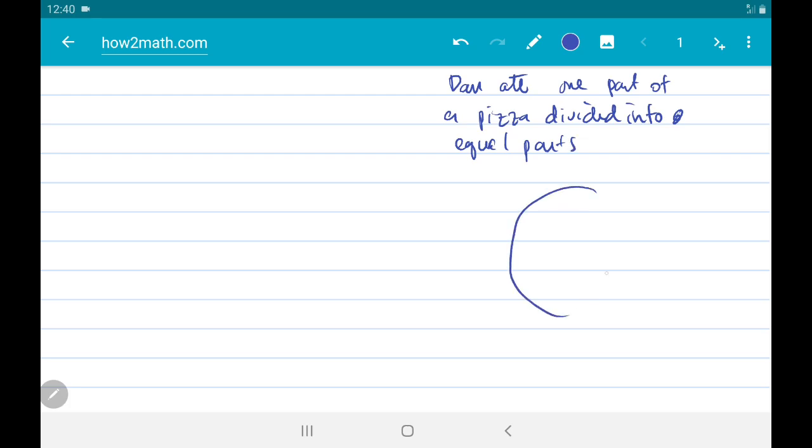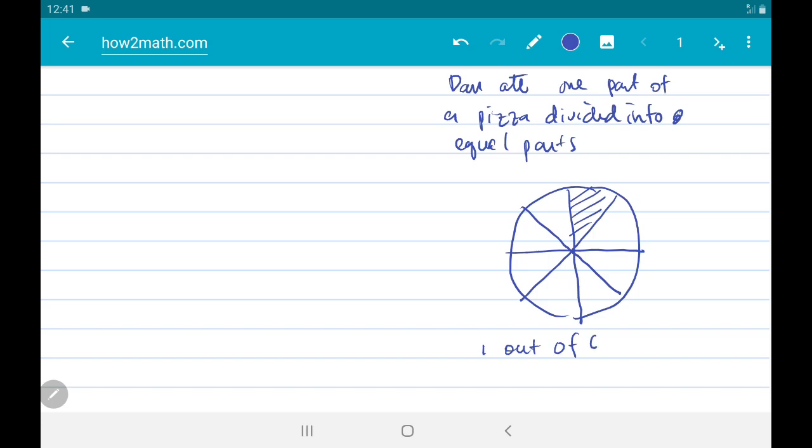So if we have a pizza and we divide it into 8 equal parts, probably large slices, one was eaten by Dan, and that's 1 out of 8. And we represented that as 1/8, which is one of the representations of fractions. This is read as one eighth.